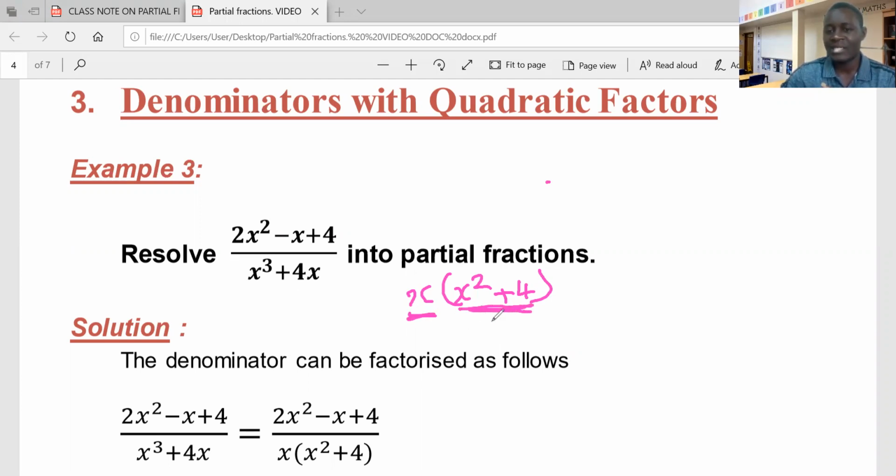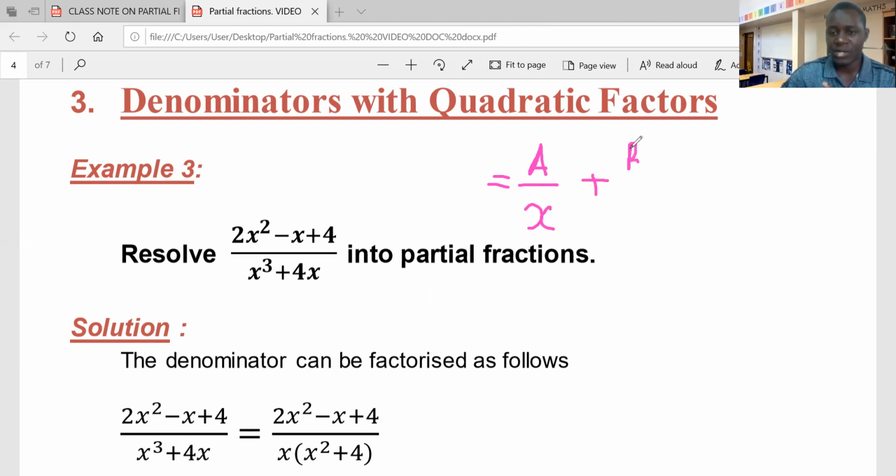Now the quadratic factor determines that we are going to be splitting using the rule that applies to denominators with quadratic factors. So how do we do that? Remember that it will be looking like this: a over x, plus the quadratic part of it.